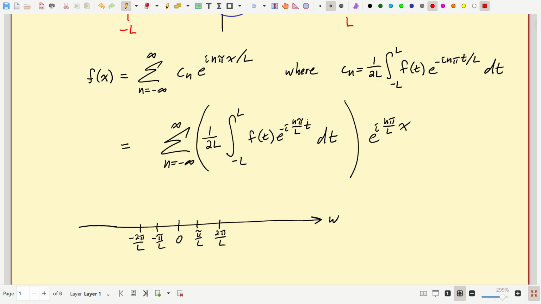So I'm going to call the n pi over L's the w_n's. They occur in two places, here and here.